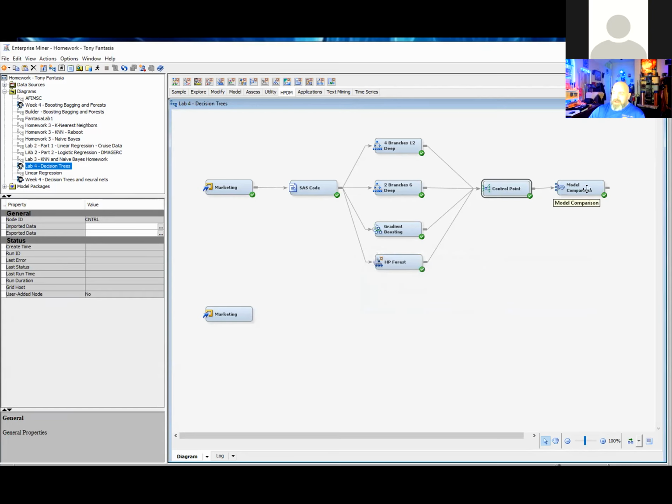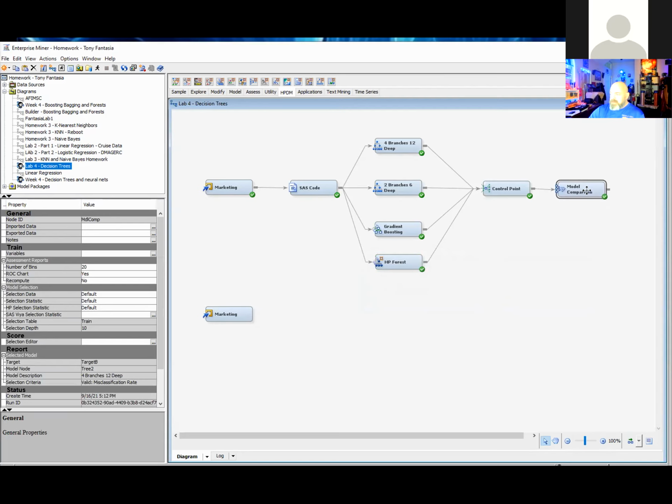And then I ran the model comparison for the misclassification rate of the validation data.